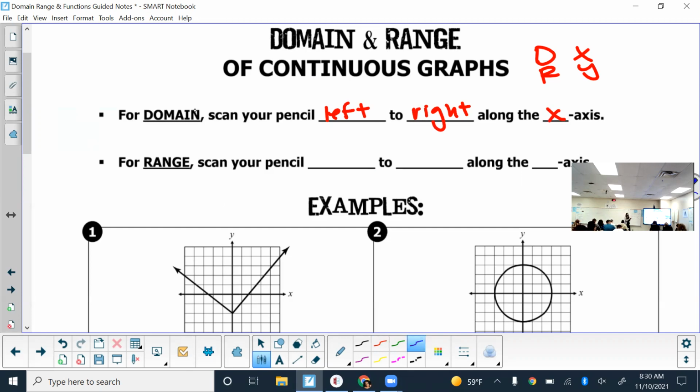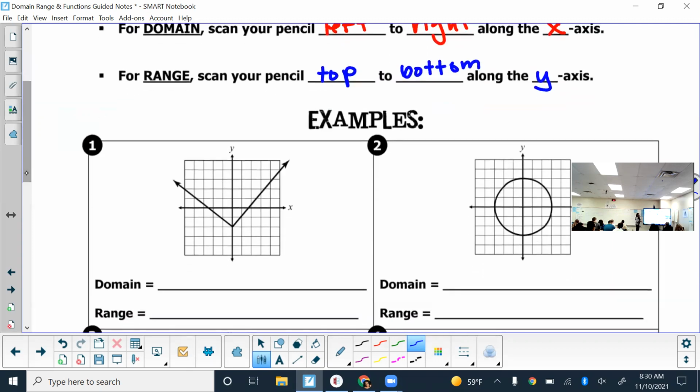For the range, you're going to scan your pencil from top to bottom along the y-axis. The y-axis goes up and down, right? And range is all your y's. What you're looking for when you're scanning are any boundaries where the graph will never go beyond a certain point. That's what we're going to look at next.